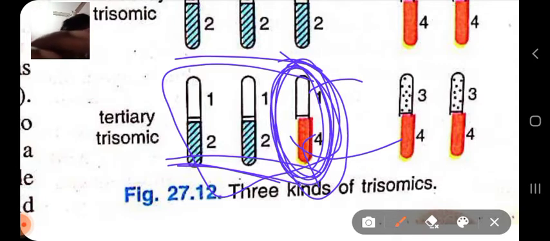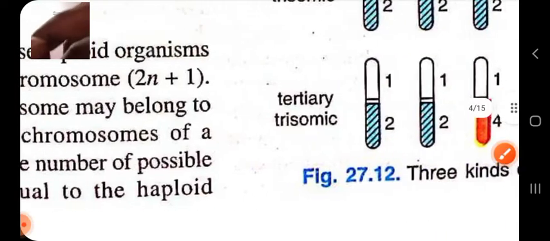Sometimes external factors also play an important role, like UV rays and chemicals. Some mutagenic agents cause mutation, change in the base pair, or deletion of a segment, and that deleted segment joins a segment of a non-homologous chromosome, which is called translocation. So this type of event, tertiary trisomy, can occur.